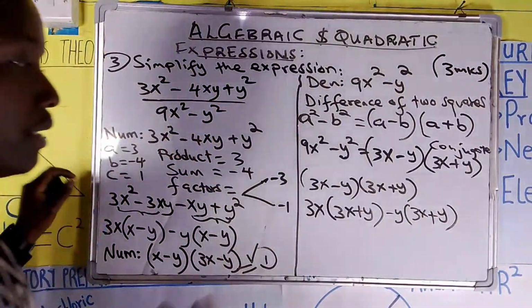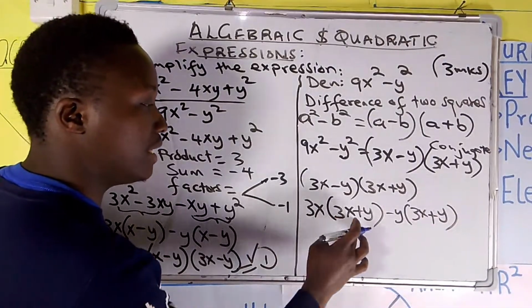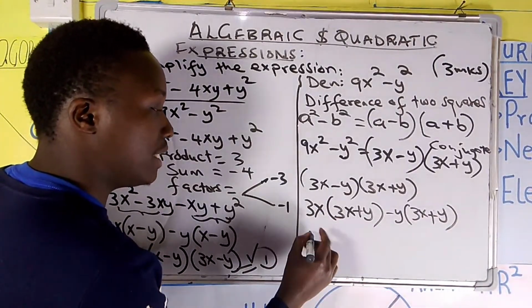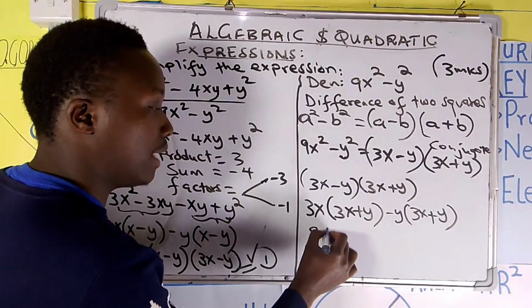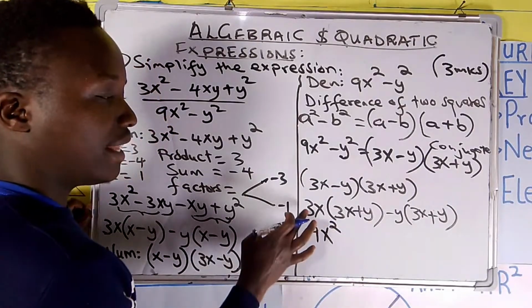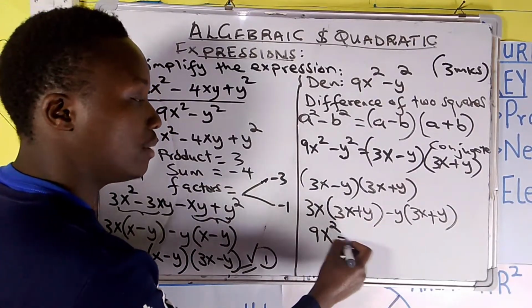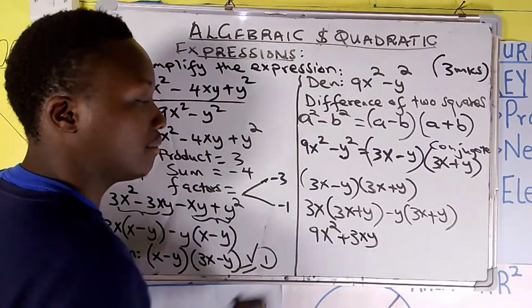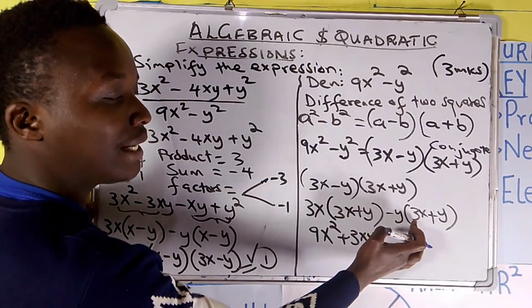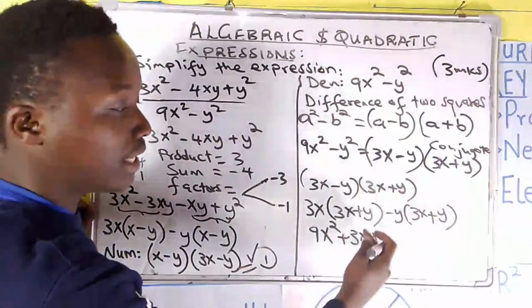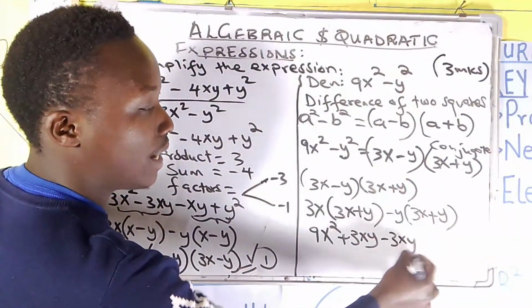Once we do that, we will get 3x times 3x. So 3 times 3 is 9. It will be equal to 9x squared. Then 3x times y, it will be plus 3xy. Then minus y times 3x will give us minus 3xy.